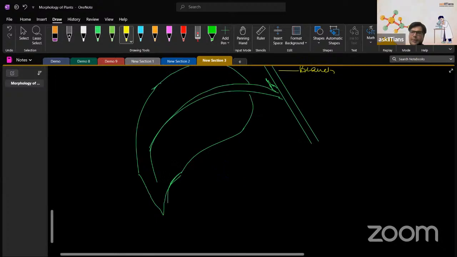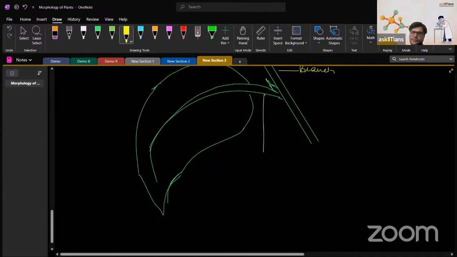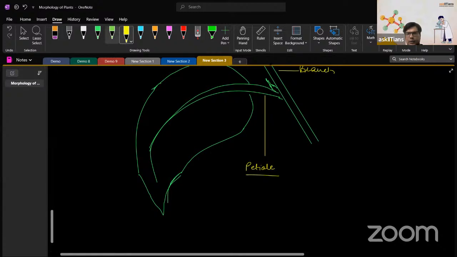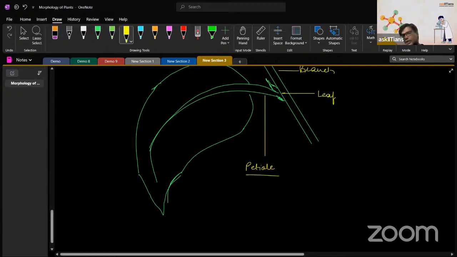We call it the petiole. This is the petiole. Then we have this, the leaf base. This portion is known as the leaf base. This is the part which attaches the leaf to the branch or stem or whatever it is attached to.